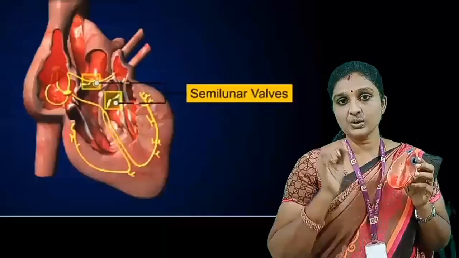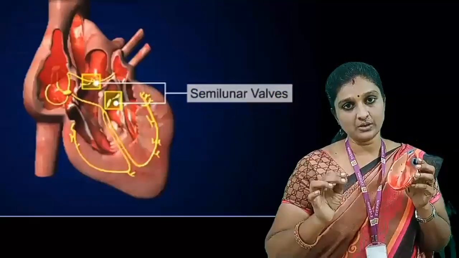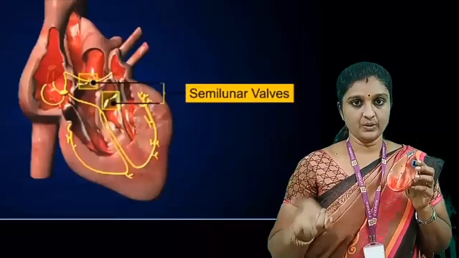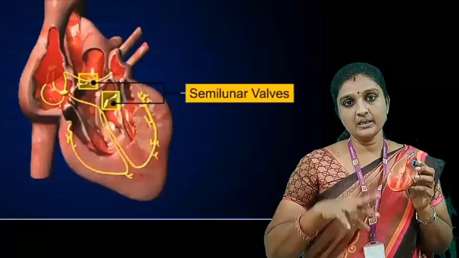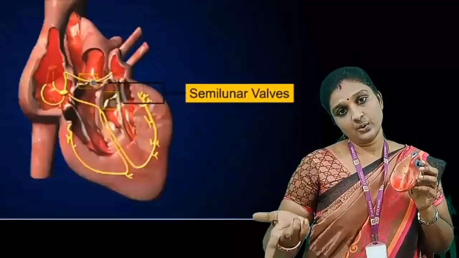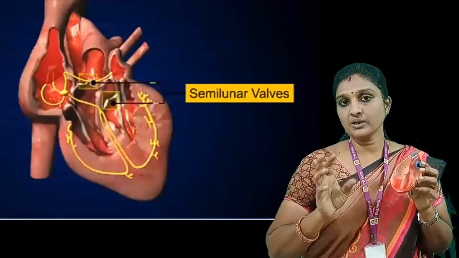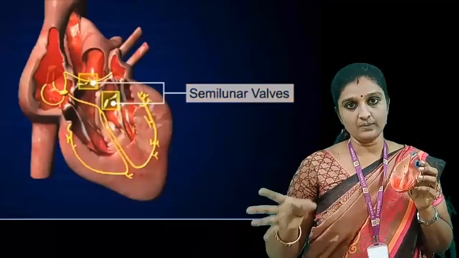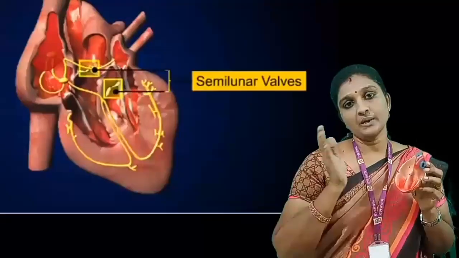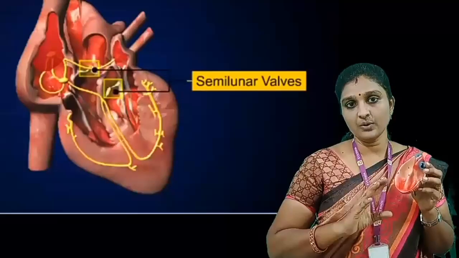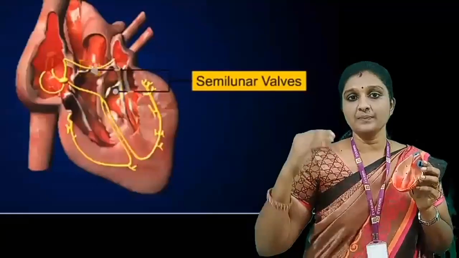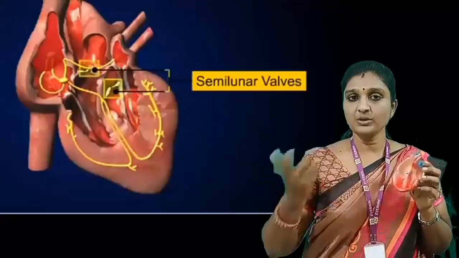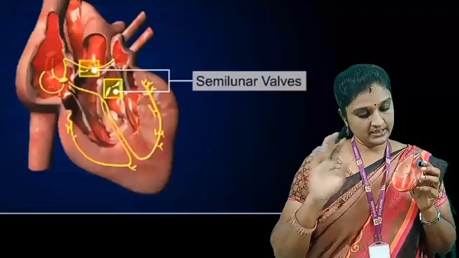This aorta also has a valve, also called the semilunar valve or aortic valve. Both valves are commonly called semilunar valves, or to differentiate, we use pulmonary valve for the pulmonary artery and aortic valve for the aorta. Both ways you can call them.